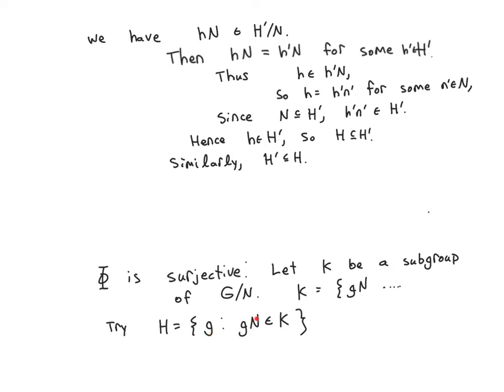So H is the set of g such that gN is in K. Yes. Any element that's a coset representative of one of the cosets, or equivalently, the union over every coset in the collection.